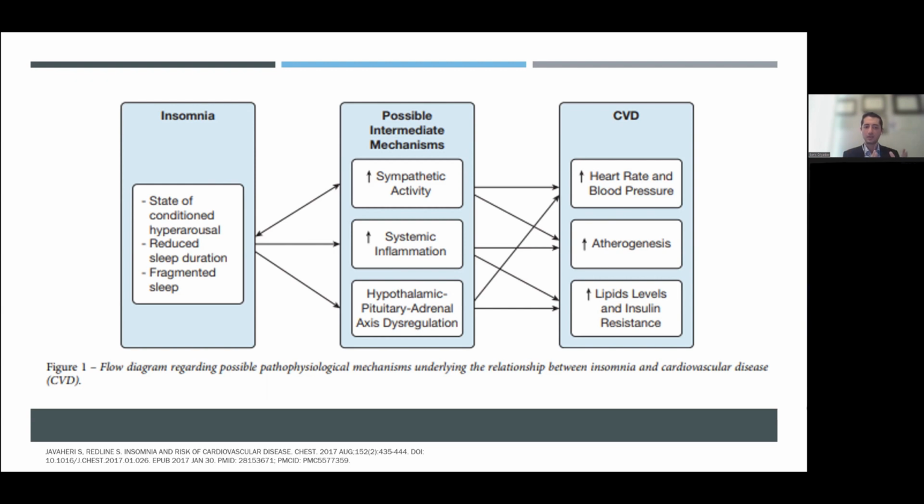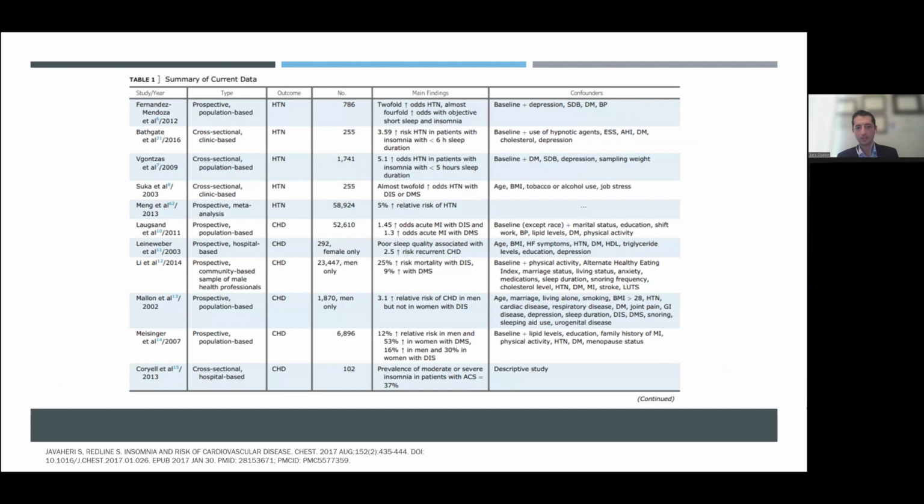So you have a lot of physicians and physician scientists researching this and demonstrating that, at least statistically, there's a strong correlation between cardiovascular disease and severe sleep disorders, particularly disorders of maintaining sleep and initiating sleep. There's a bunch of studies that have looked at this over the years, and they all are pointing towards this, although there's a lot of confounding factors.